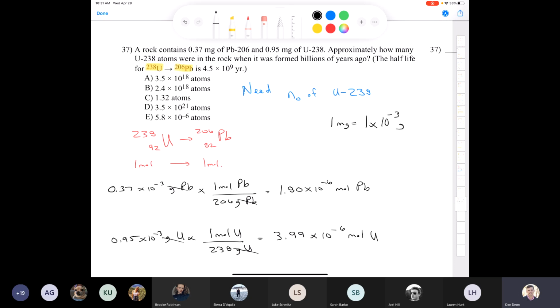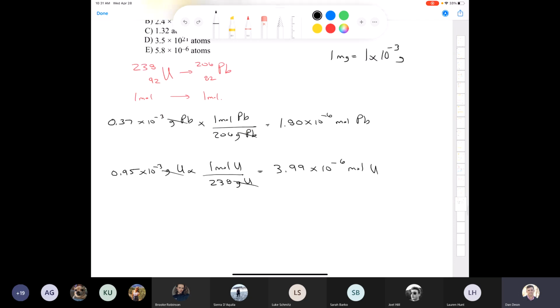Well, since the ratio of decay of the uranium to the lead is 1 to 1, that tells me that the total amount of uranium that I started out with is going to be the sum of the 1.80 times 10 to the negative 6 moles of lead, because that came from the decay of the uranium-238 in a ratio of 1 to 1.